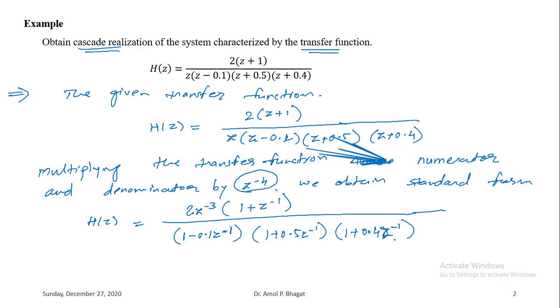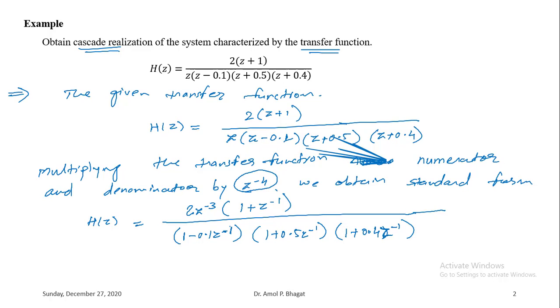So we have multiplied z raised to power minus 4 in numerator as well as denominator. Out of the 4 z inverse, we have utilized 1 z inverse inside this bracket, so we get 1 plus z inverse. The remaining 3 z inverse we have kept outside, while in the denominator we utilize the z inverse for each one of these terms.